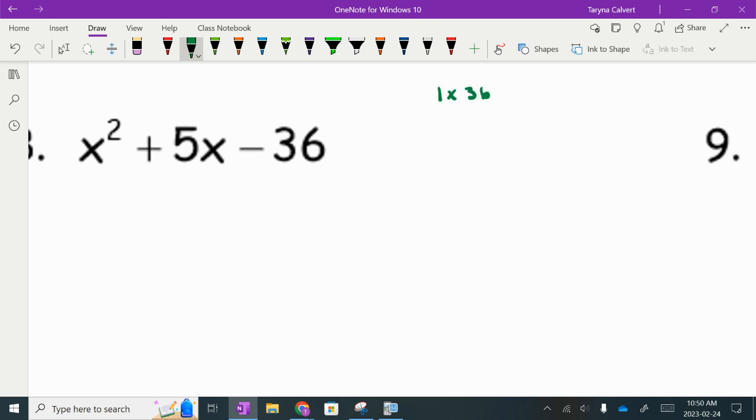Is everybody good with generating their factors? You literally start at 1, work your way down until you run out. Do 2 next. And the ones that give you decimals, those are the ones you skip.